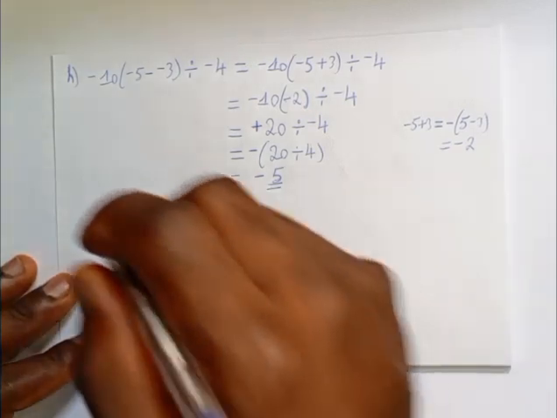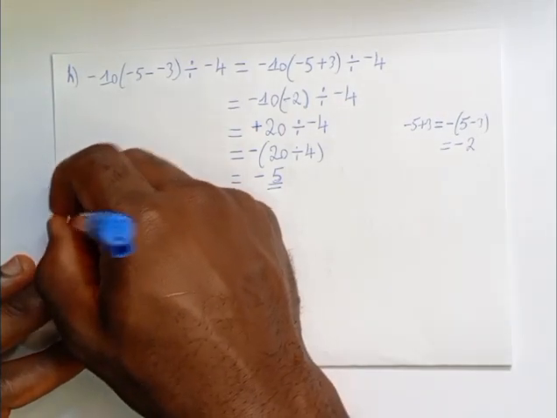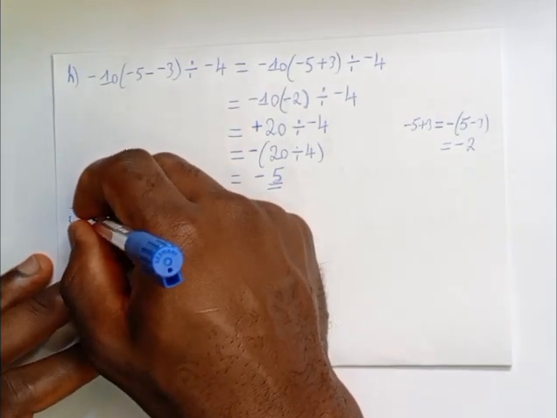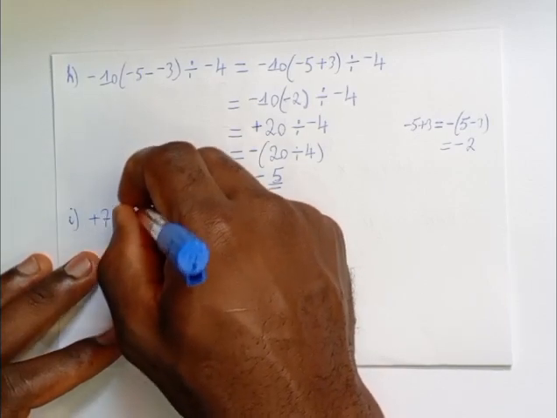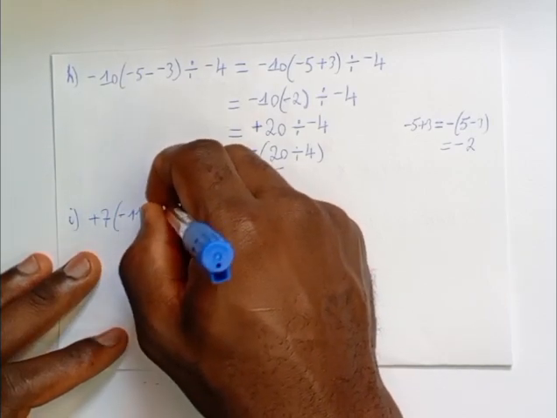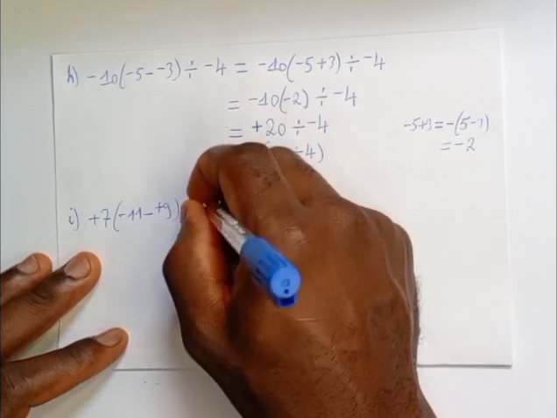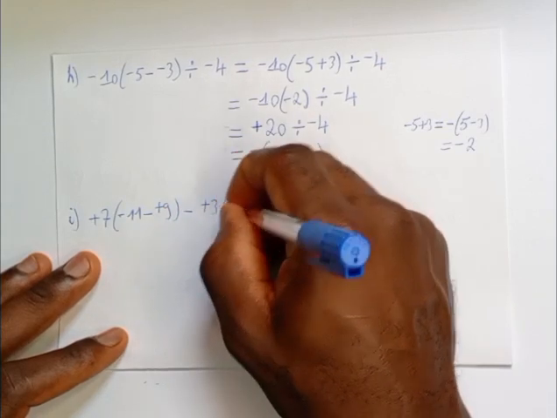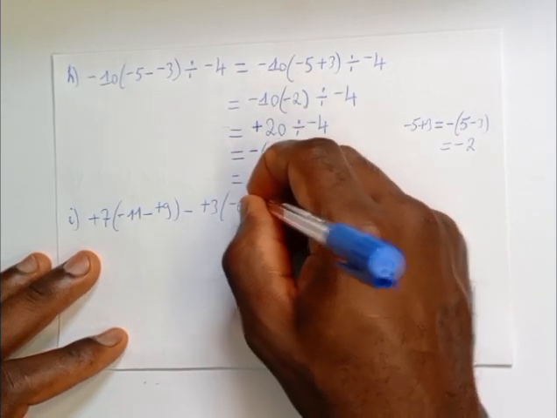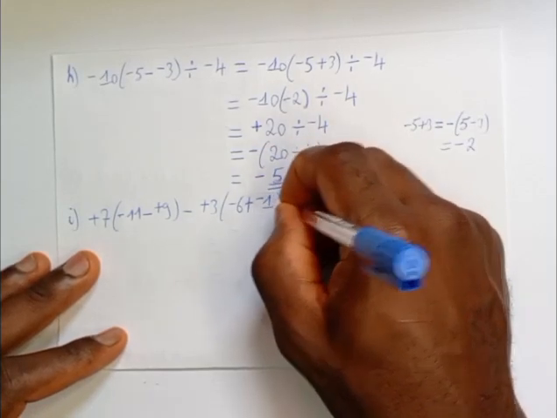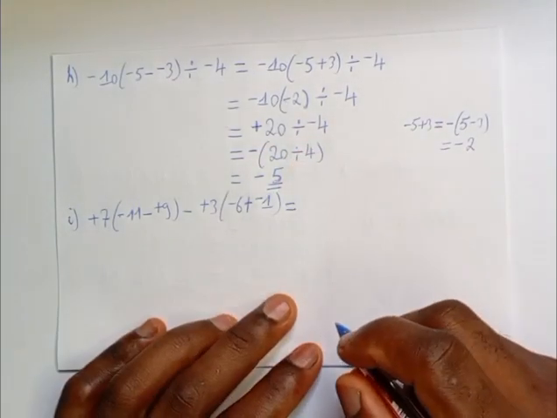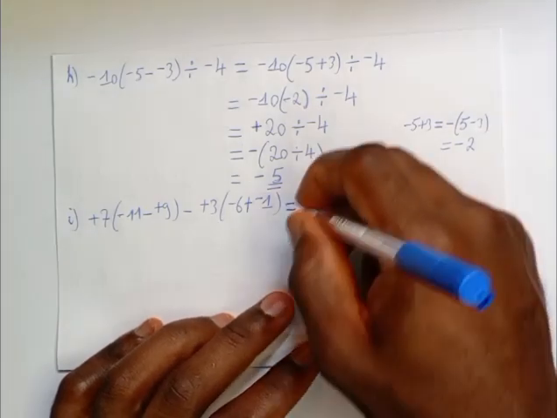We move now to question I. For I, we have positive 7 times negative 11 minus positive 9 minus positive 3 times negative 6 plus negative 1. This will simply be equal to, applying BODMAS, we need to start by eliminating the brackets.